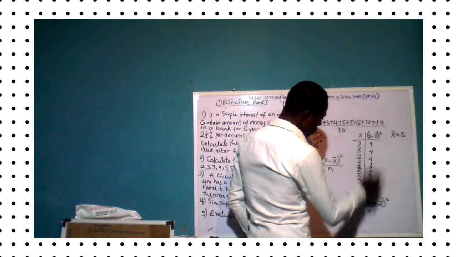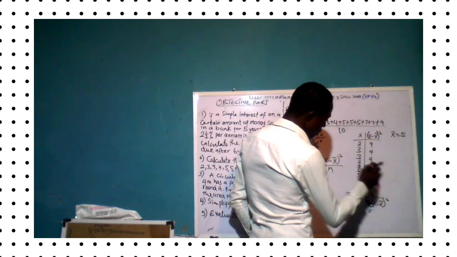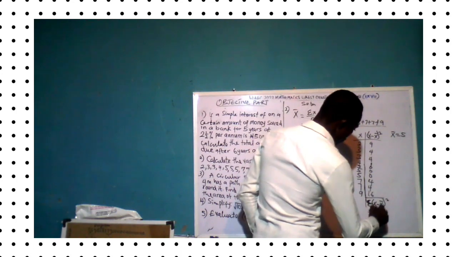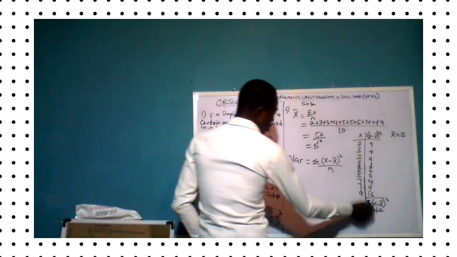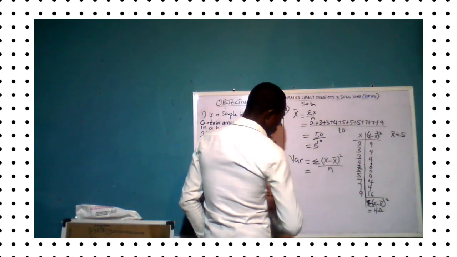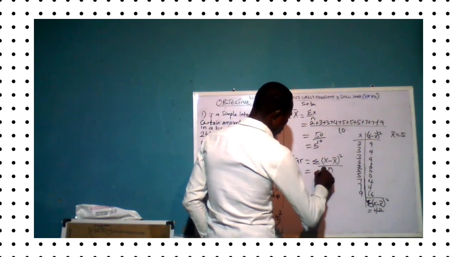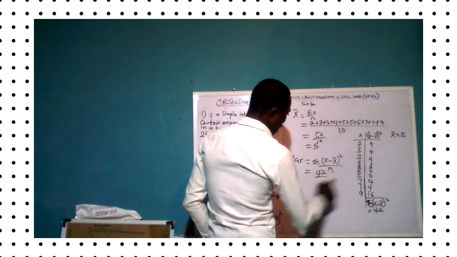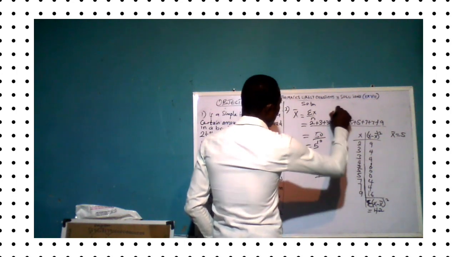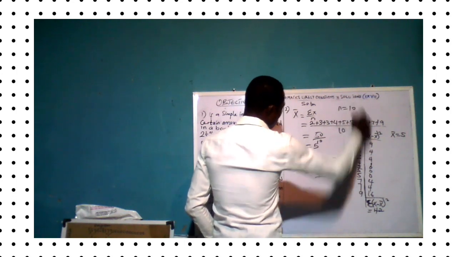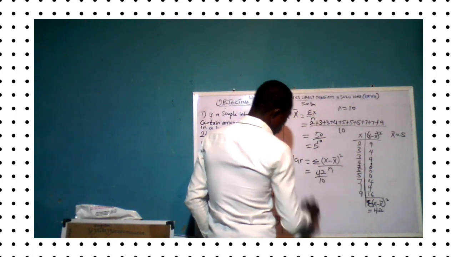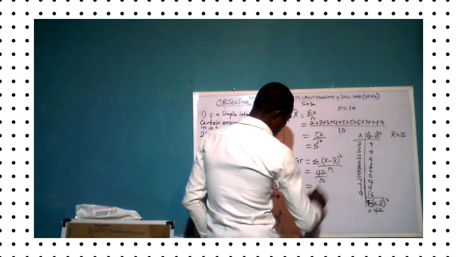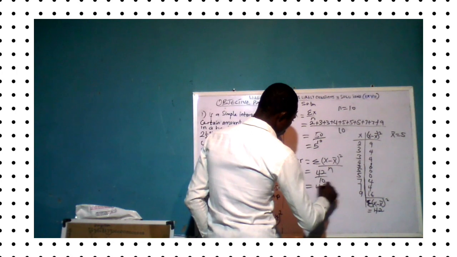Plus 4 is 26. Then 36 and 42. So you have 42. Bringing this in, your variance equals 42 all over n, and don't forget n is the number of points, which is 10. So 42 over 10 will give you 4.2.